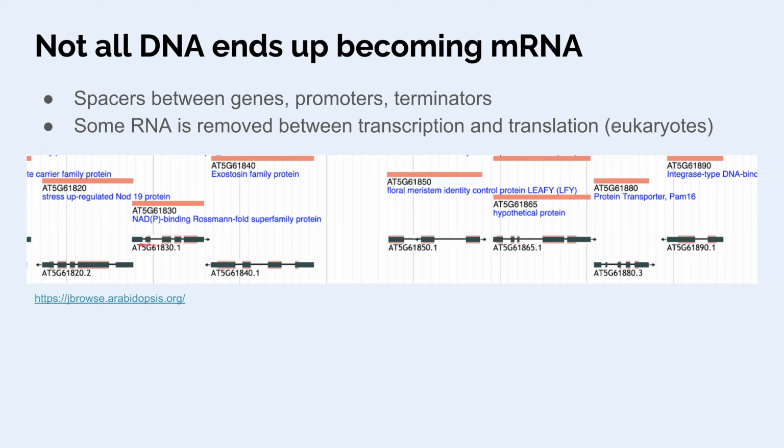And then even among these big blocks of color here, so those are the disjointed portions of sequence that will become the final mRNA. Within that is also this pink shading, which tells us the coding region within that. So a small portion of the genes is actually that portion that contains codons.